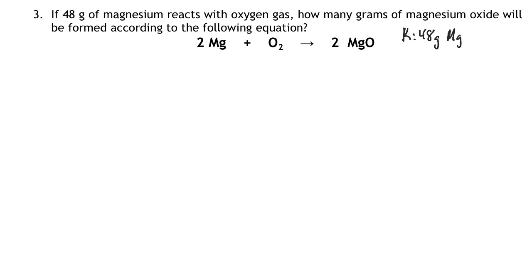And I'm asked to find how many grams of magnesium oxide will be formed according to the following equation. So this makes it nice and easy, and I'm going to take my known, 48 grams of magnesium over 1.